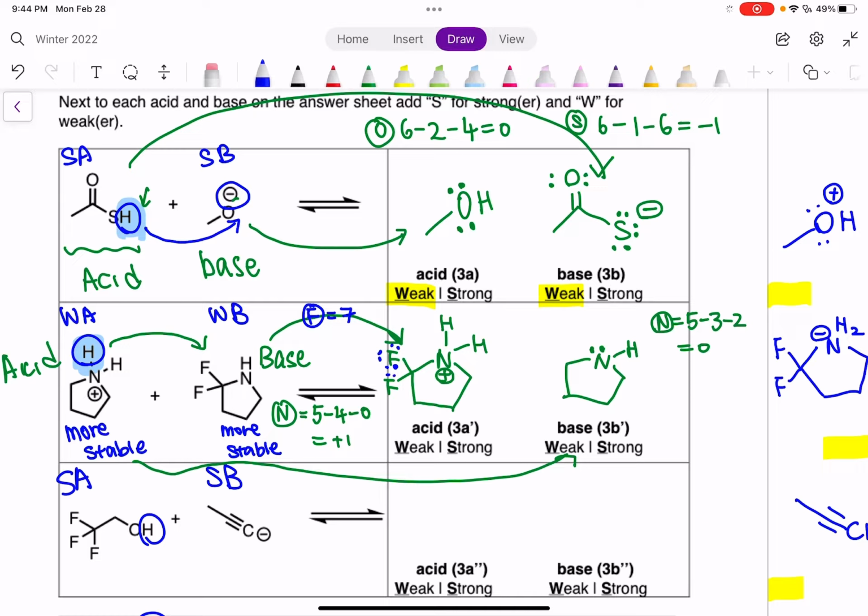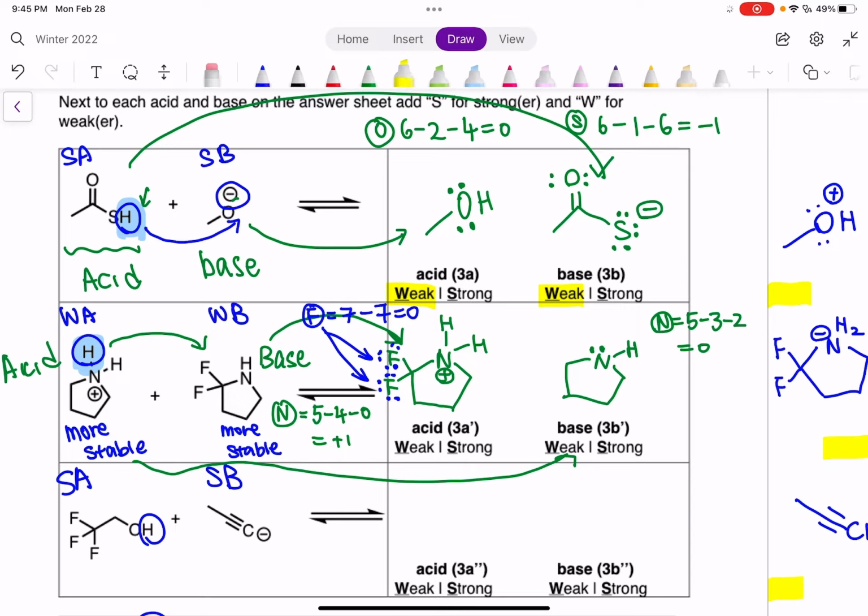So 7 minus 1, 2, 3, 4, 5, 6, then 7 minus 7 is equal to 0. Yes, same thing for the fluorine. This works on both fluorine, so the formal charge of the fluorine is 0.